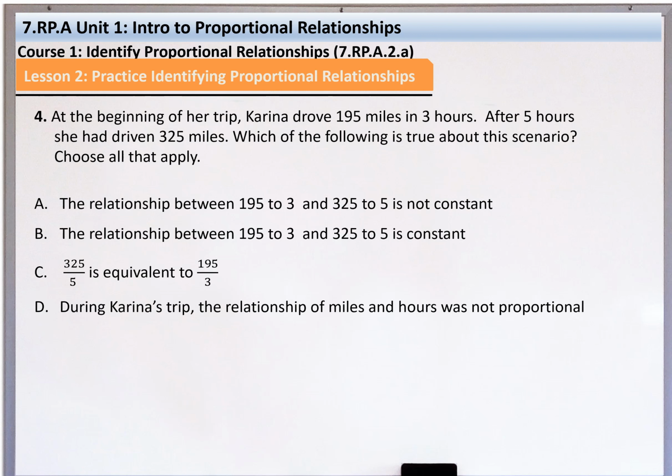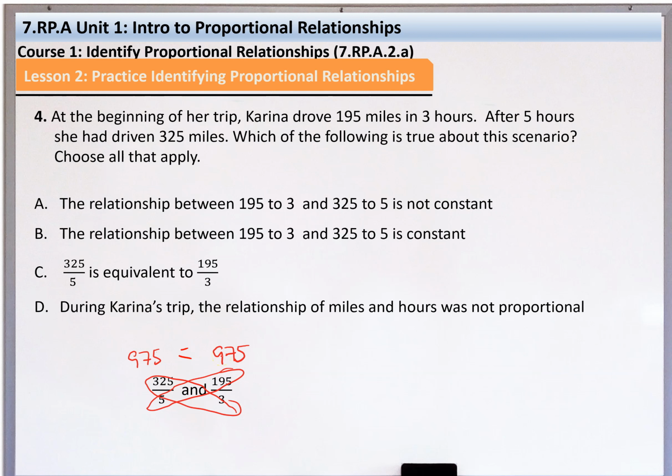Okay, there are a couple of ways you can solve this problem. There's several ways. I think I did 2 ways here. All right, so we want to know if 325 fifths is the same as 195 thirds. Are they equivalent? Well, if you cross multiply, you get equivalent cross products.